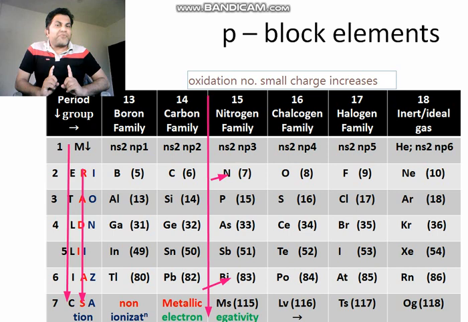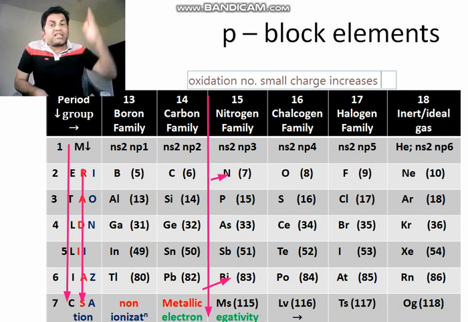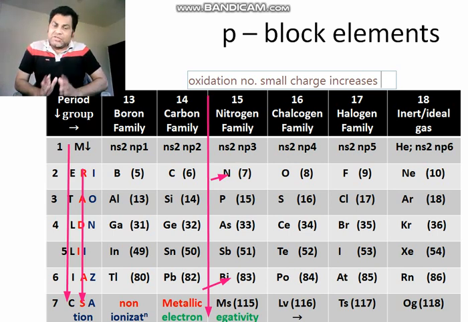We are also talking about electronegativity, which also decreases when we move top to bottom. So these are a few general ideas regarding the trends of elements in a group.